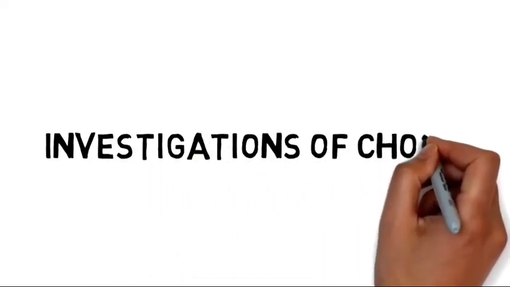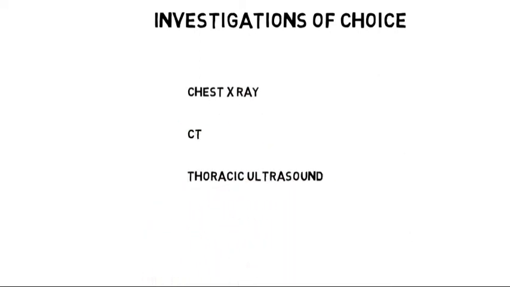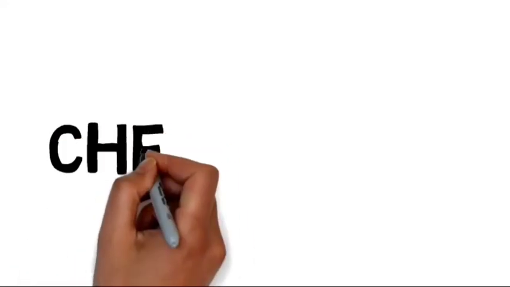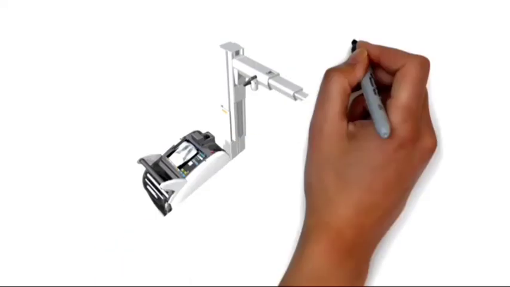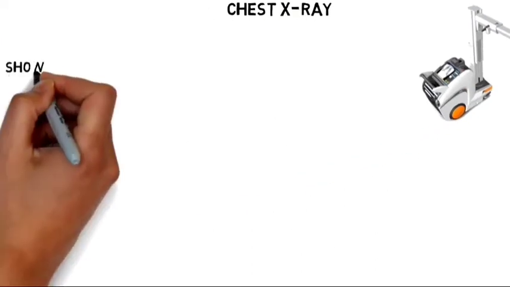Three modalities of imaging are used in the diagnosis of pneumothorax. One is chest X-ray, another is CT scan of chest, third is thoracic ultrasound. Chest X-ray is a very cheap and simple test, and it can be done at the bedside.